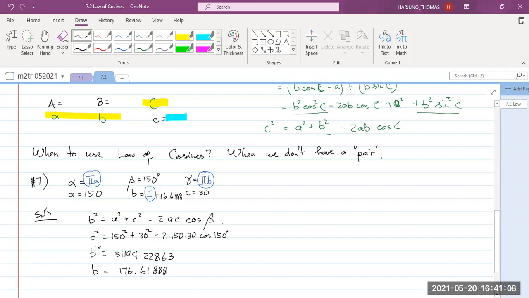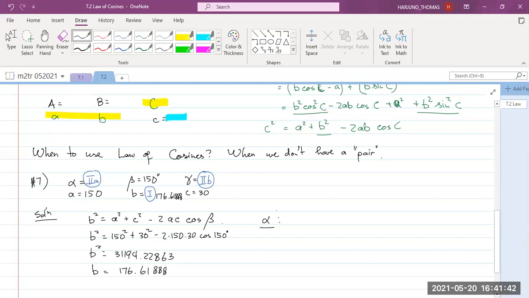Now, the thing is, if you use law of sines to find alpha or gamma, you will get two angles, right? You will always get two angles. How do we know which angles? Then just observe what could happen. Let's say for alpha, I will show you that we will get two angles, but we are able to eliminate one of them.